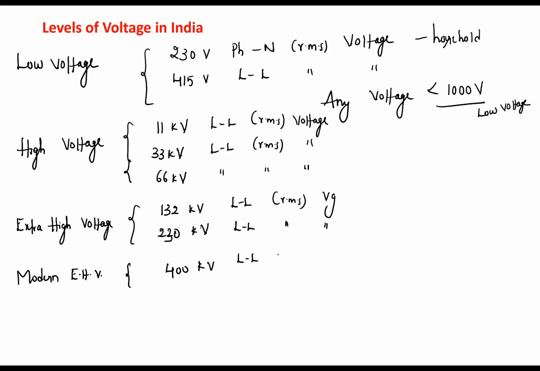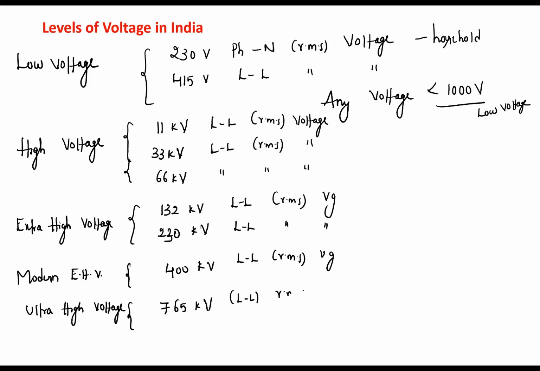And the highest voltage in India is 765 kV, ultra high voltage. This value is 765 kV line to line RMS.